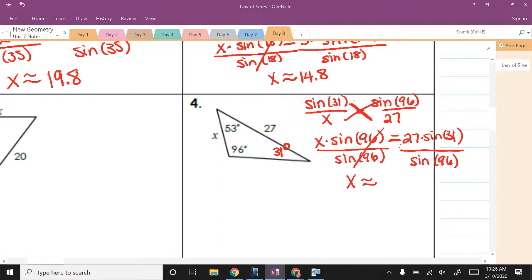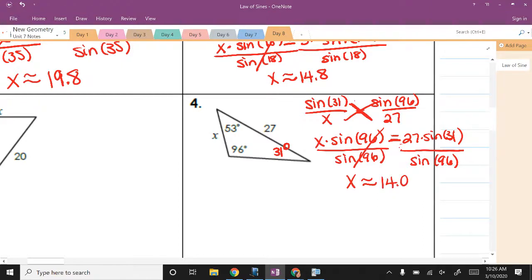All right, y'all do that in your calculator. 27 times sine of 31, close parentheses, divided by sine of 96, close parentheses. What'd y'all get? About 14.0, if you round it.